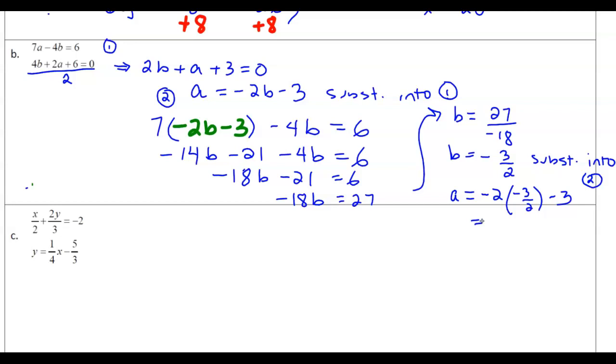And in this case, negative 2 times negative 3 over 2, the 2's divide out. So we get positive 3, right? Positive 3 minus 3 is 0. Okay, does that make sense? Yeah, it does.